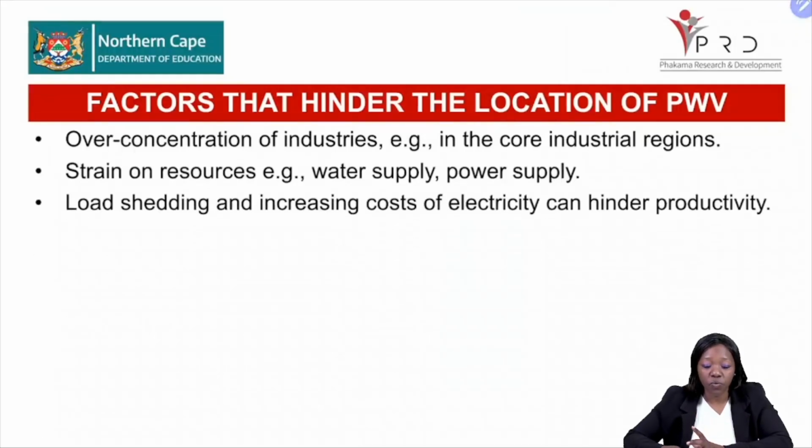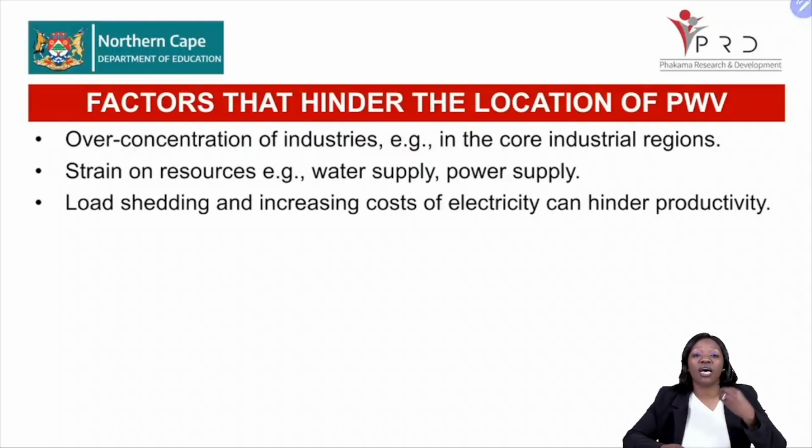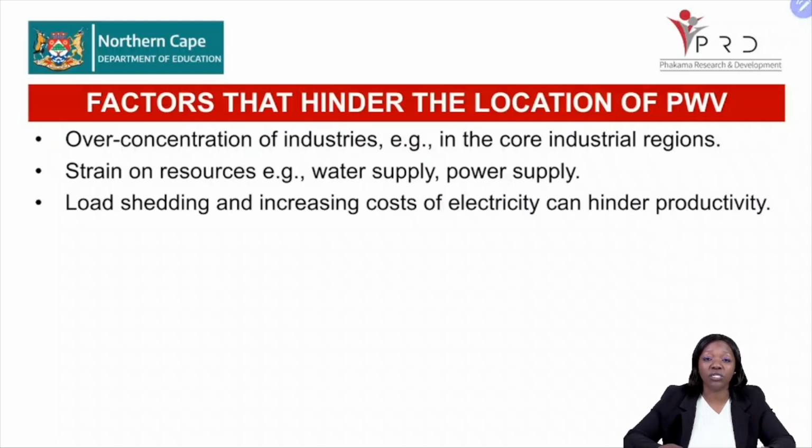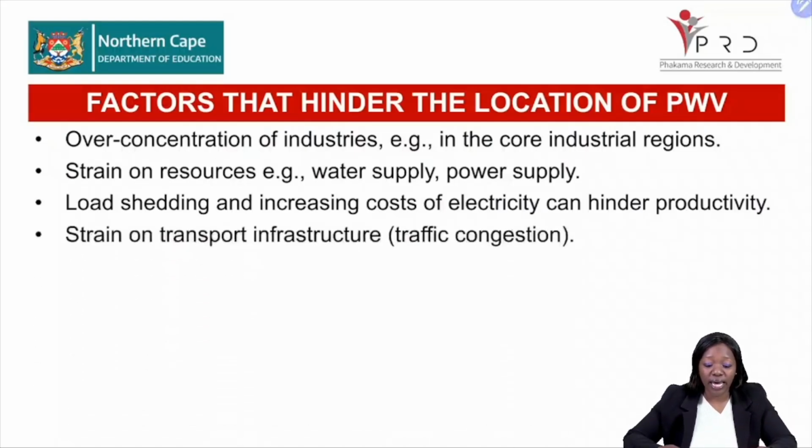Then we're talking about load shedding again, which increases the cost of electricity. Now these industries are forced to supplement the electricity by buying generators. It's also another cost. Then we're looking at the strain on transport infrastructure. Remember, they do not have a harbor.